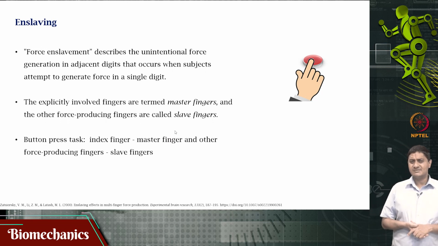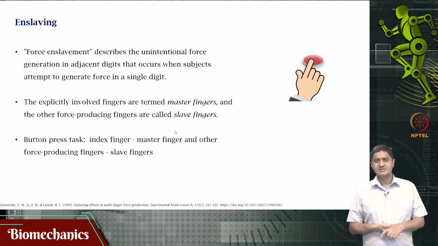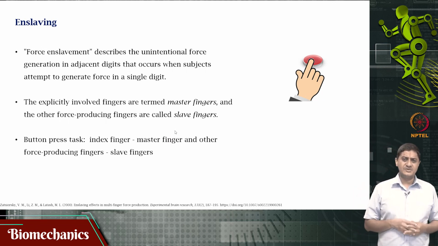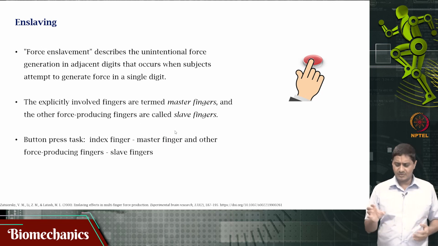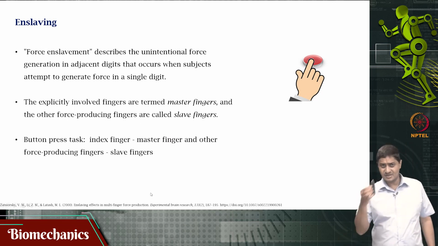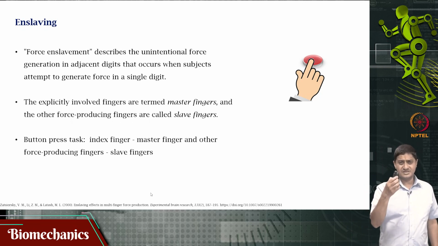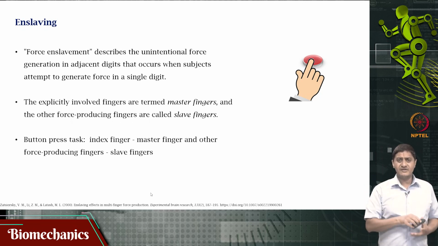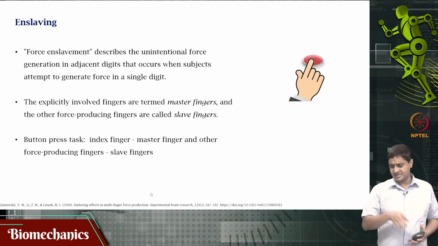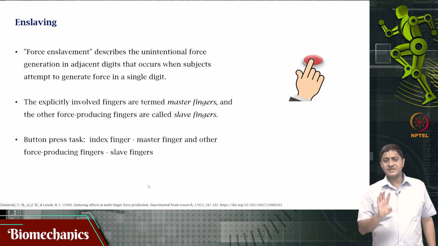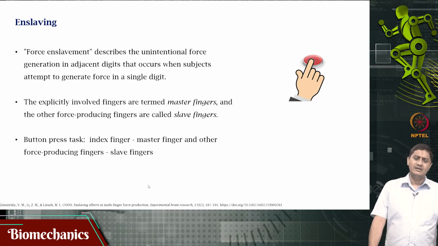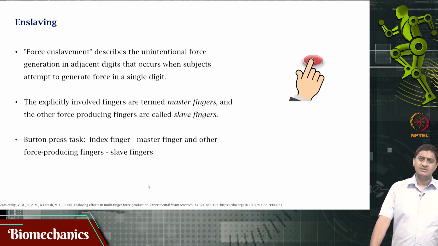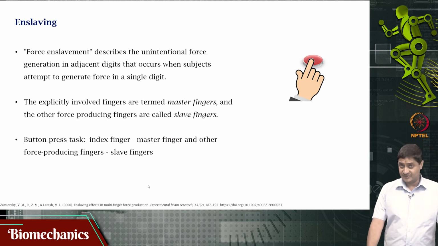A question is, what is the source of this lack of finger individuation or finger enslavement? Okay. When this form of enslavement happens in the force domain, when you are pressing on an object, when I am holding and pressing on the object, or when I am pushing or pressing on an object and doing some pressing task, force produced by one finger affects the forces produced by the other fingers.